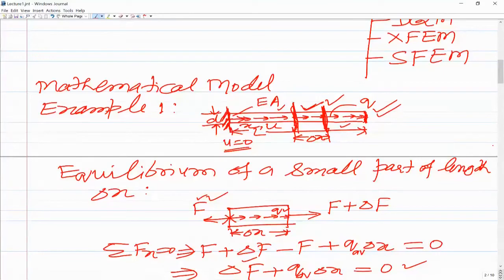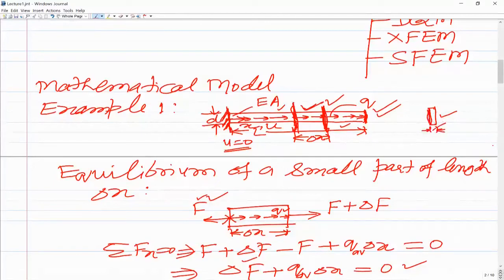Since q is force per unit length, if we take a small section over here, on this side there is no force, and this length we are taking as zero. So the force due to q is going to be zero. So the net force on this section, when this distance is going to zero, is going to be zero.